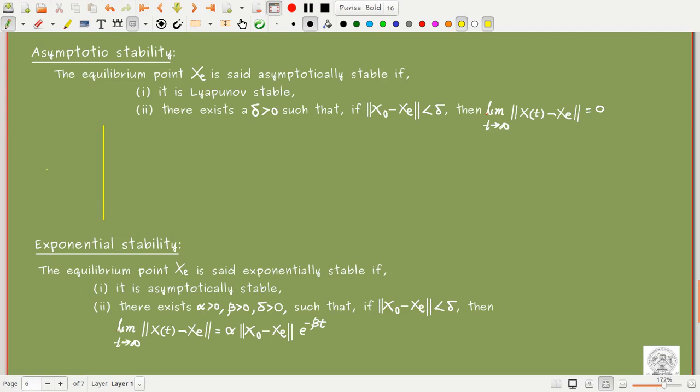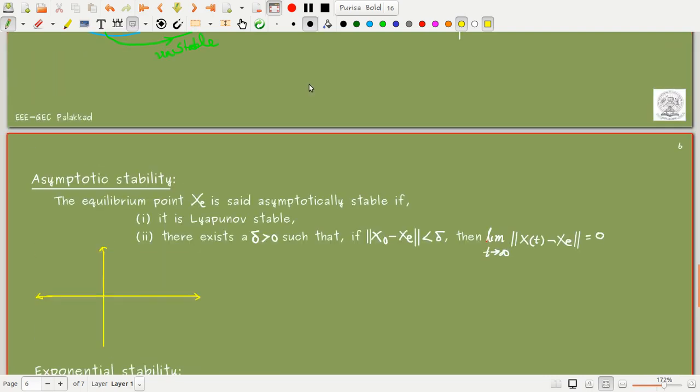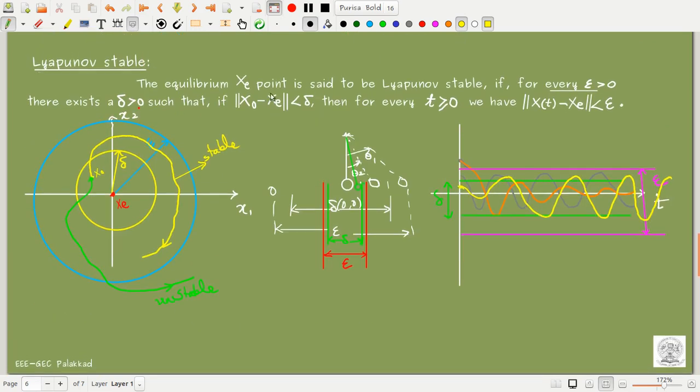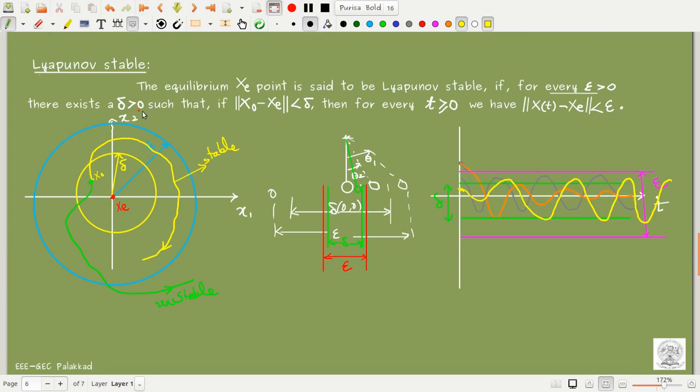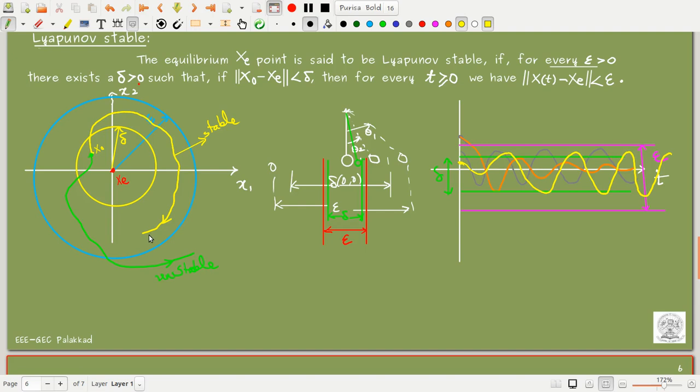For a system to be asymptotically stable, it means that it is Lyapunov stable. That means all the conditions we discussed before should be true: for every epsilon greater than 0, we should be able to give some delta greater than 0, where my initial condition starts, and show that the trajectory does not leave the epsilon ball.